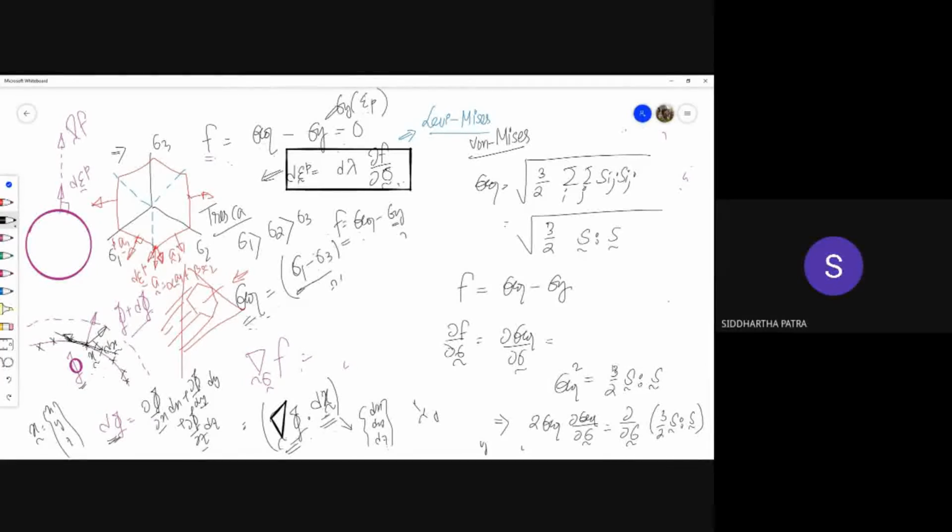That implies del sigma equivalent del sigma is 1 by 2 sigma equivalent times del sigma of s inner product s.